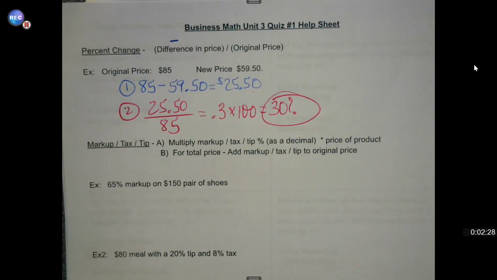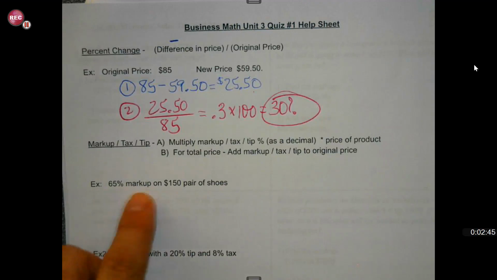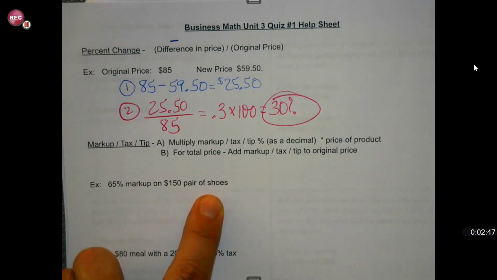Then we talked about how markups, taxes, and tips are all things that are going to add on to the cost of something for you as the consumer. So, if you're given the percentage of any of these things, a 65% markup on a $150 pair of shoes, okay?